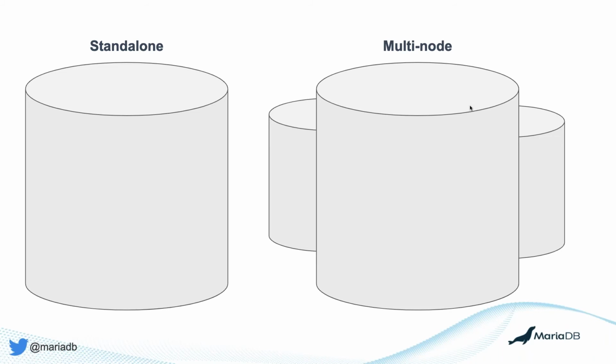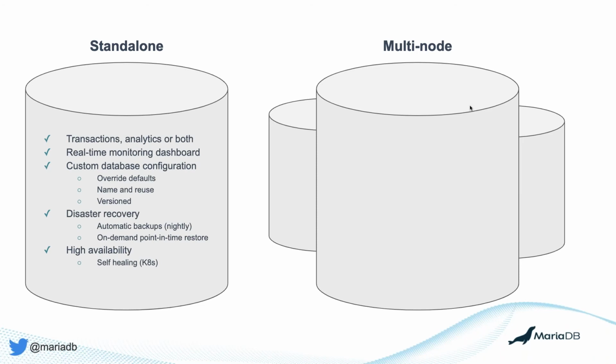And a lot of times this is used for development or testing, and you don't have the same types of concerns that you would in a multi-node or a production atmosphere or ecosystem. But it's still going to come with a lot of the services that you would expect in a database as a service. In fact, all the ones that you expect in a database as a service, right? But with MariaDB additions, you're able to use transactional-based information, analytical information, combination of the two.